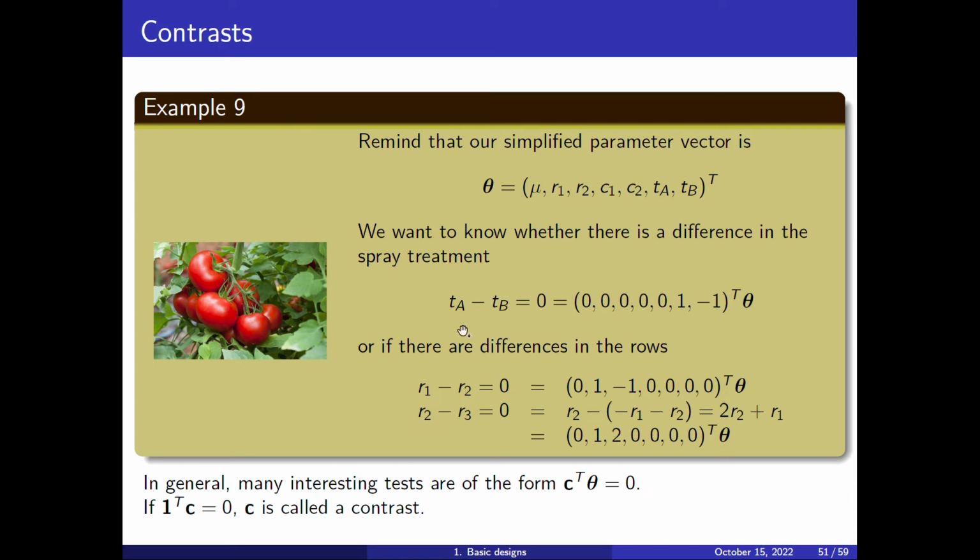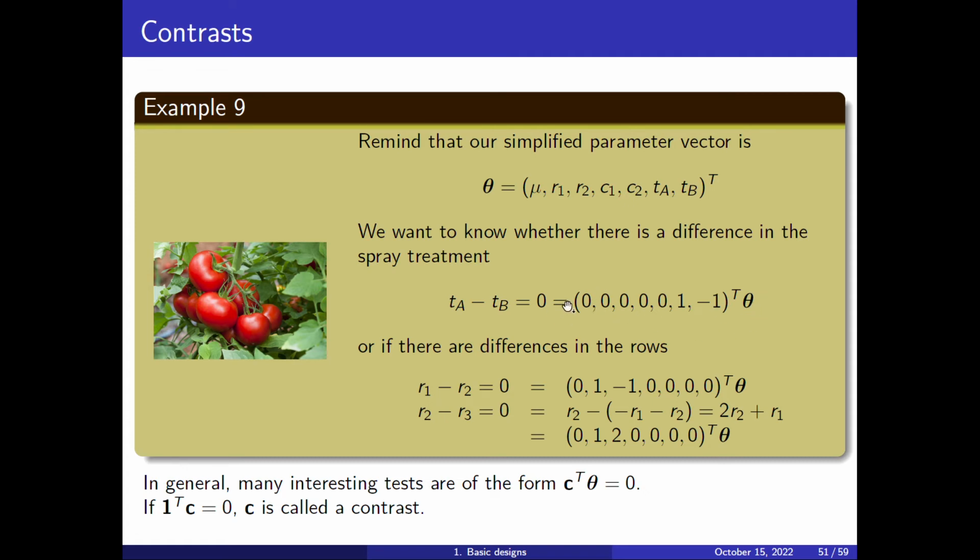So we have treatment A and treatment B. If there is no difference, this subtraction has to be 0. And I can write that in this way: this is a vector transpose times my unknown, my parameter vector, and then this product has to be 0.